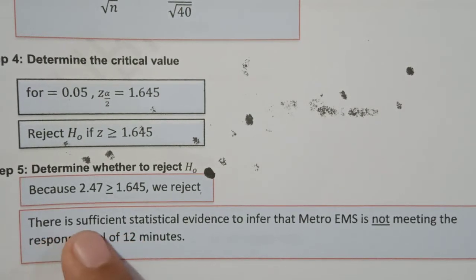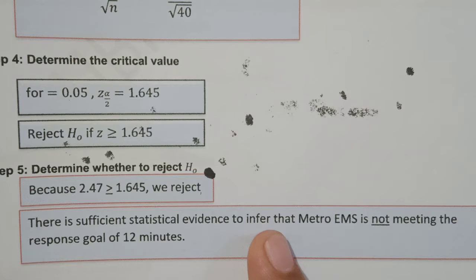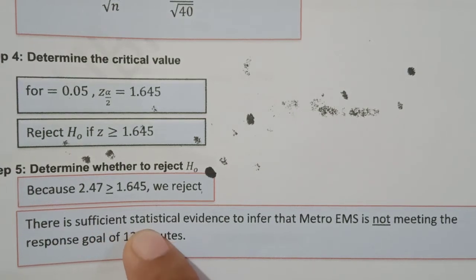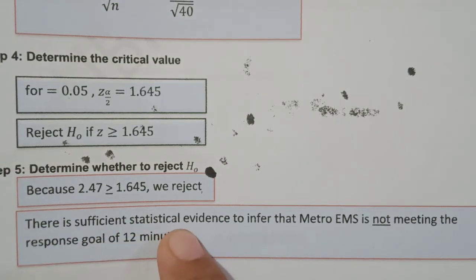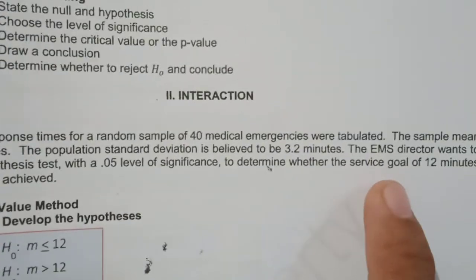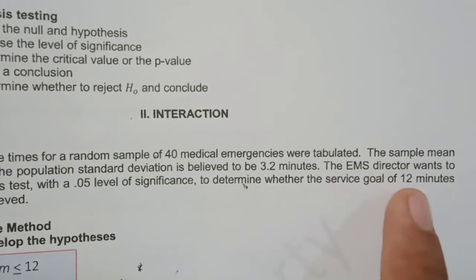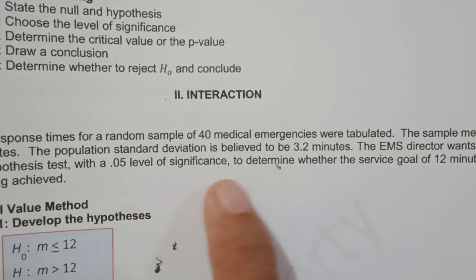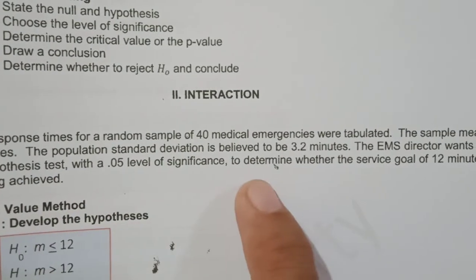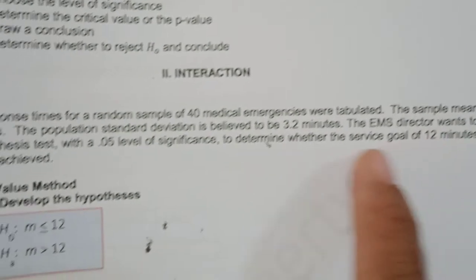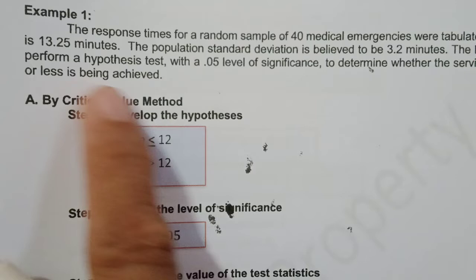So pwede kang maglagay ng statement: there is sufficient statistical evidence to infer. Bakit ganito yung ating statement? Babalikan natin yung claim. Ano yung claim natin? The EMS director wants to test the hypothesis at the 0.05 level of significance to determine whether the service goal of 12 minutes or less is being achieved.